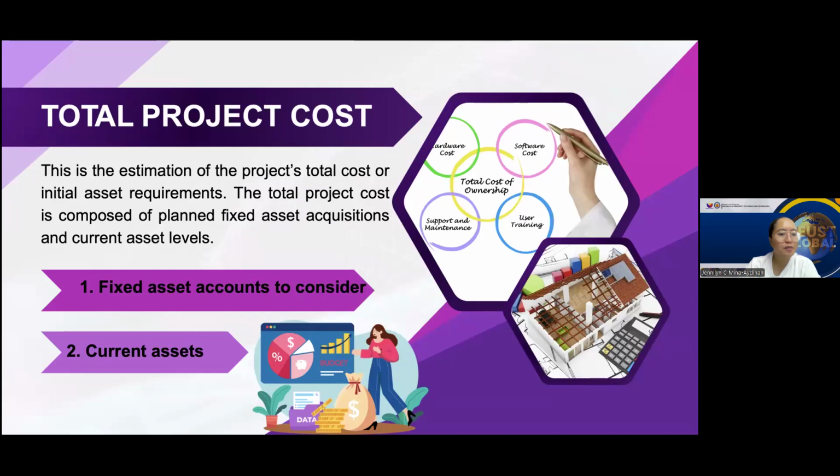Pre-operating expenses like licenses and advertising, $2,000. Working capital, salaries, taxes, utilities, $5,000. The total project cost: $50,000 fixed assets plus $20,000 current assets is equal to $70,000. This total helps the students understand the financial requirements needed to launch the business.